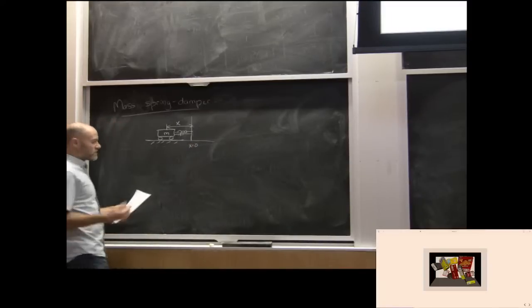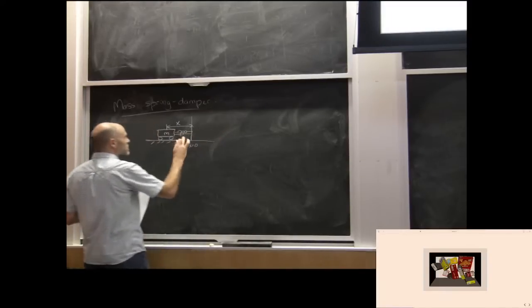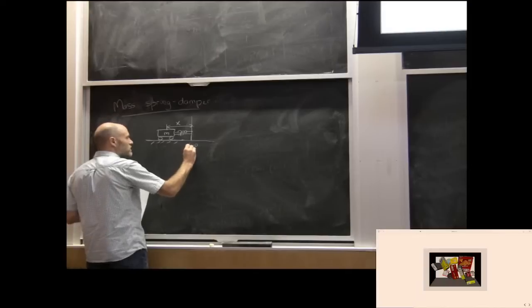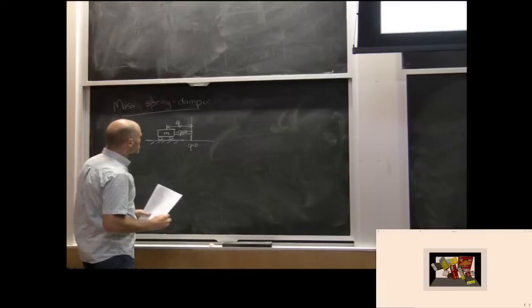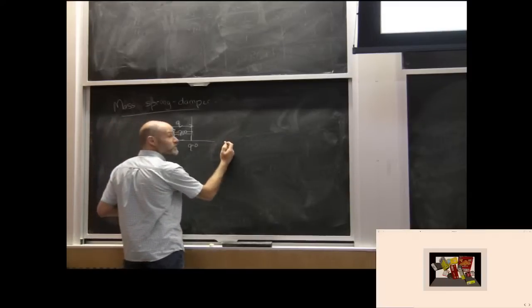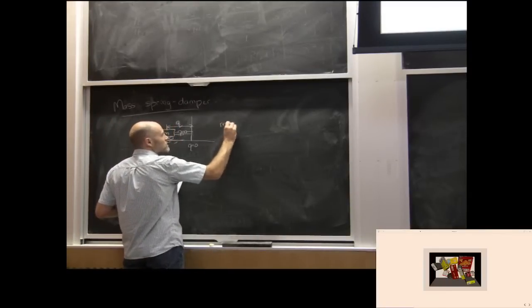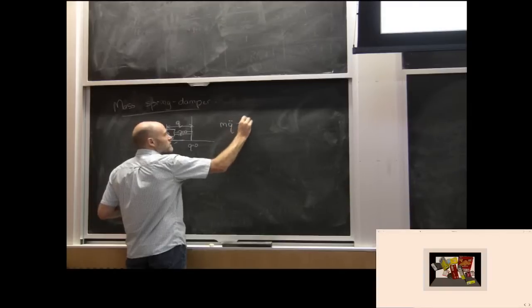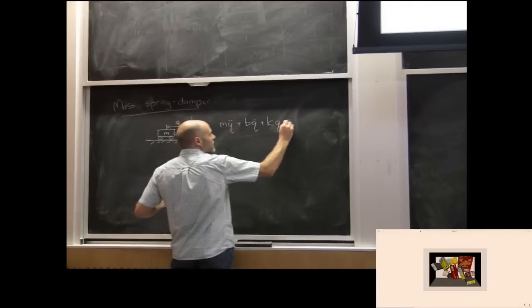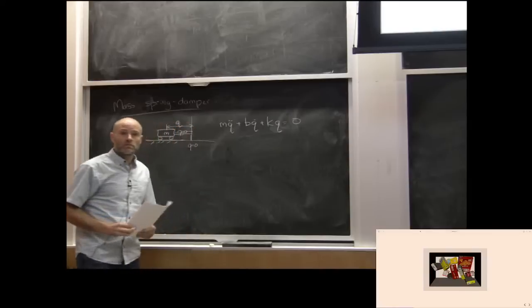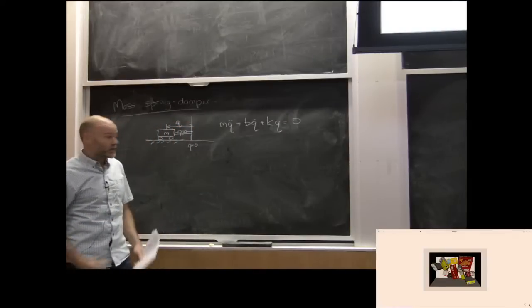Okay, so the equations of motion of this, actually, let me call it not x, let me call it q, since we are going to distinguish between x and q. And we've been calling positions q, right? So this is going to be m q double dot plus b q dot plus k q. This is the classical equation of a damped oscillator, right?